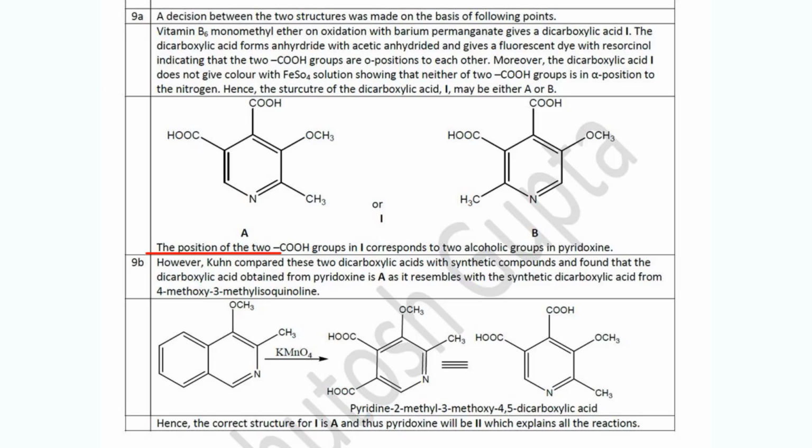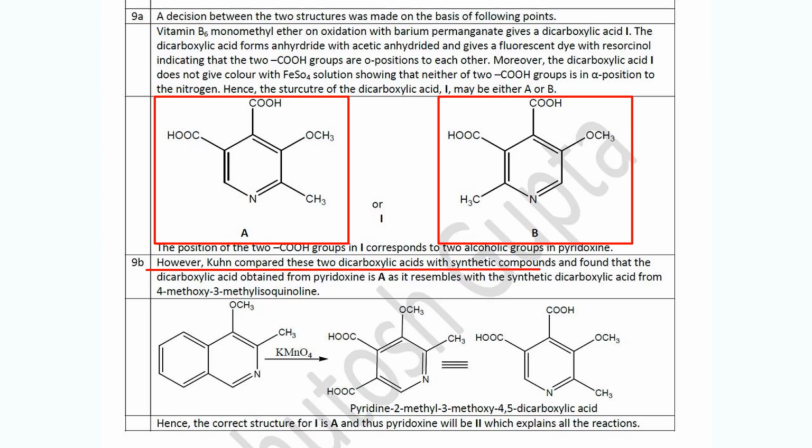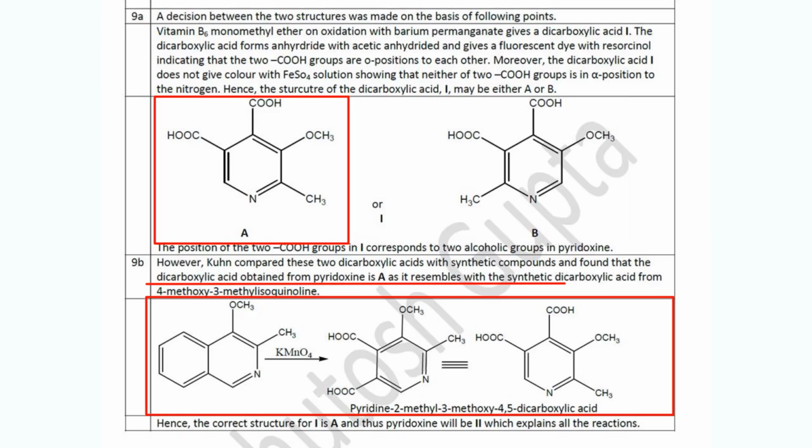The position of the 2 COOH groups corresponds to the 2 alcoholic groups in pyridoxine. However, Cohen compared these 2 dicarboxylic acids with synthetic compounds and found that the dicarboxylic acid obtained from pyridoxine is A, as it resembles the synthetic dicarboxylic acid from 4-methoxy-3-methyl isoquinoline.